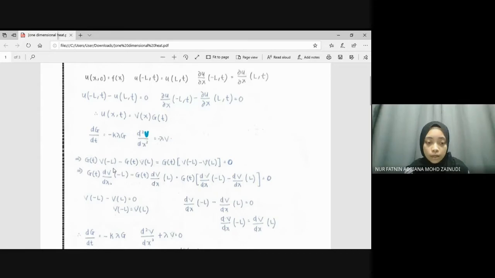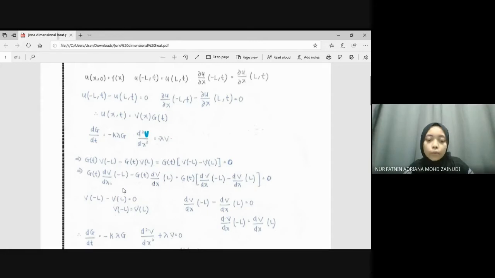So when we insert this assumption into the boundary conditions, we will get g(t) v(-L) minus g(t) v(L) is equal to g(t) times v(-L) minus v(L) is equal to 0, and g(t) dv over dx(-L) minus g(t) dv over dx(L) is equal to g(t) times dv over dx(-L) minus dv over dx(L) is equal to 0.